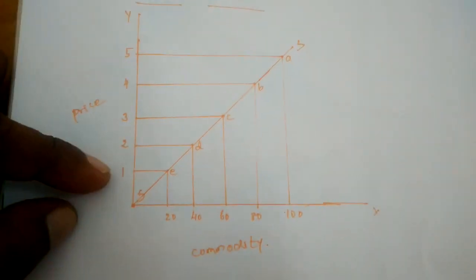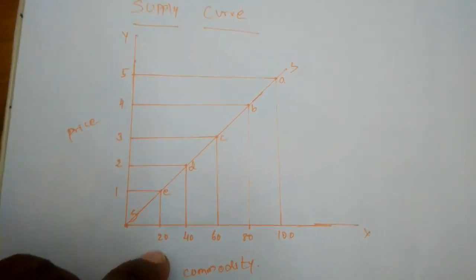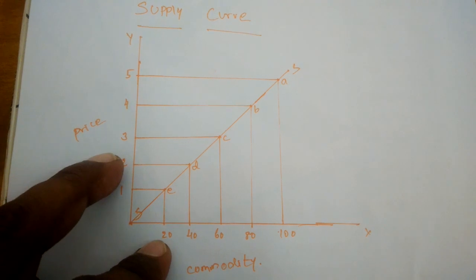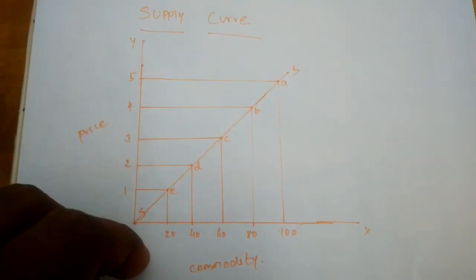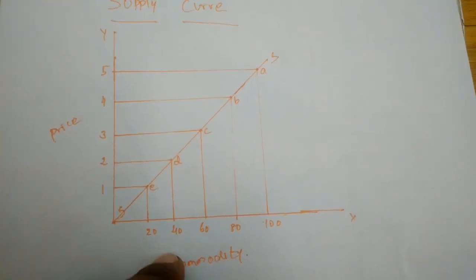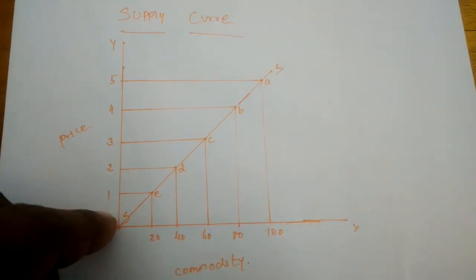Just to see here, when the price is 1 rupee, the quantity supplied of the commodity is 20. Whenever the price increases from 1 to 2, 3, 4 and 5 rupees, the supply of the commodity also will be increased from 20 to 40, 60, 80 and 100.